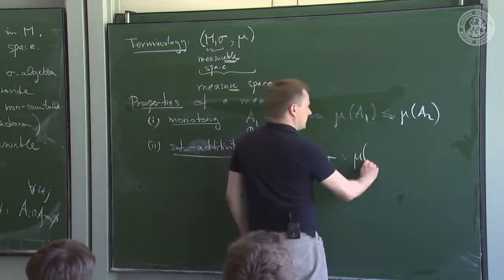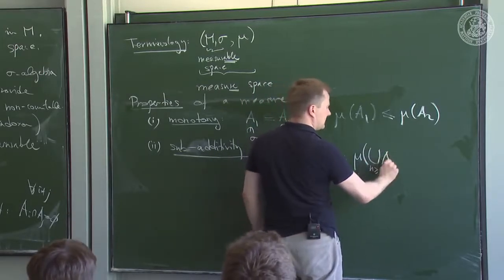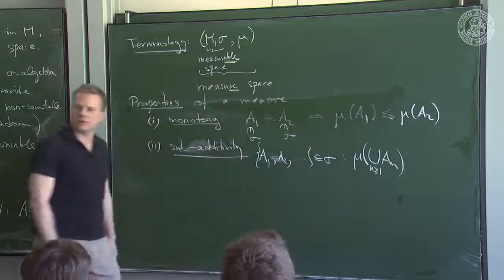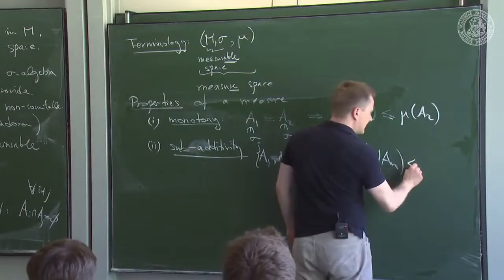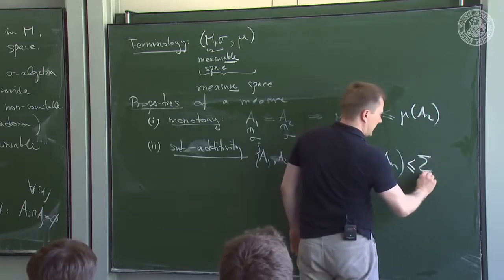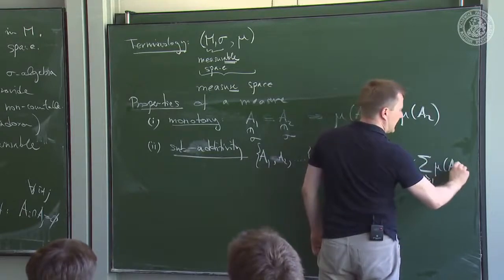Then you still know that the measure of the union of those, which is still guaranteed to be a measurable set according to the third axiom, is less or equal than the sum over n greater or equal to 1 of the measure of the A_n.